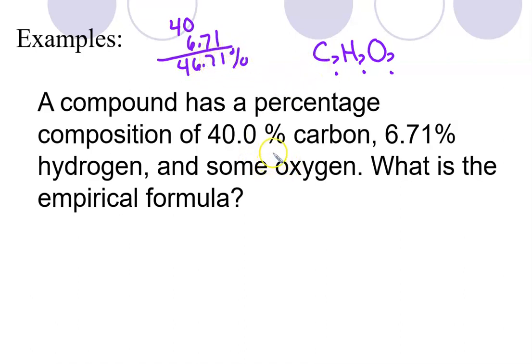So how much is oxygen? Well, I can go 100 minus 46.71, and I can figure out that 53.29% of this is oxygen. Okay, so not hard. Percentages do add up to 100.